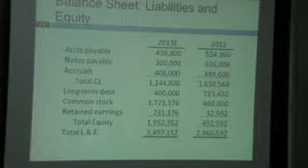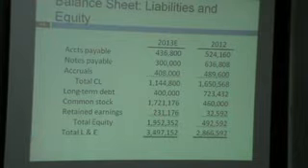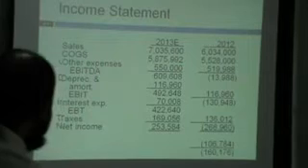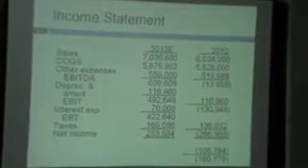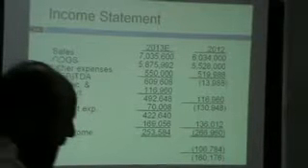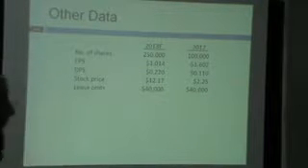This slide covers the liabilities and owner's equity side of the balance sheet, again with data for two years. Income statement for 2 years is also given. This data will be helpful in analyzing the financial statements.